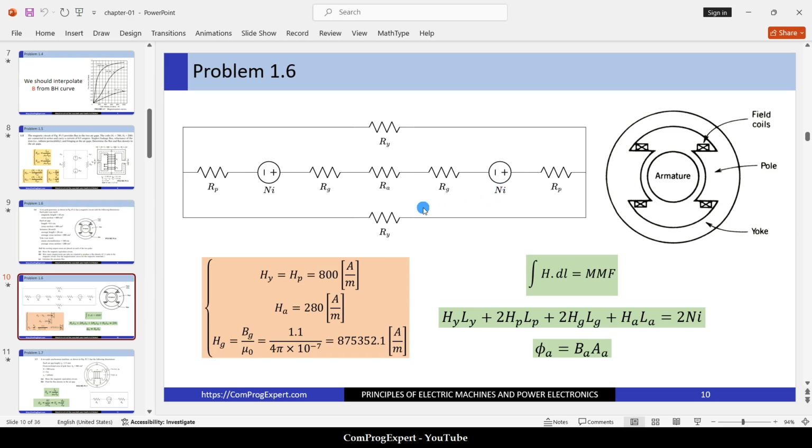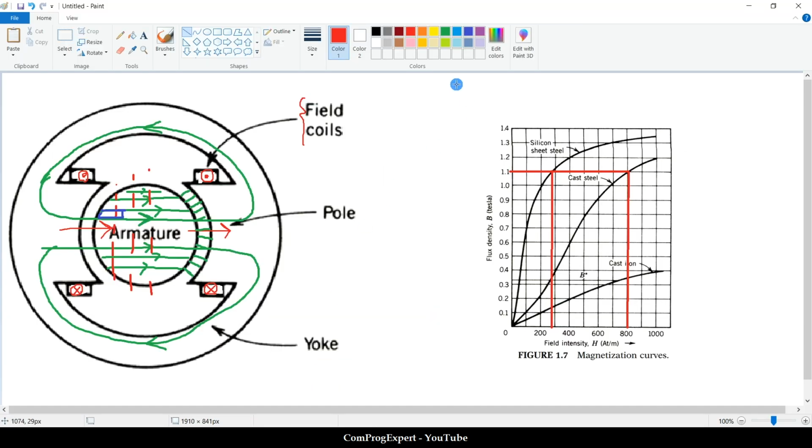But we have another way, because we need to calculate the needed MMF, the magnetomotive force. We can use this equation, integral of H dot dl is equal to Ni.